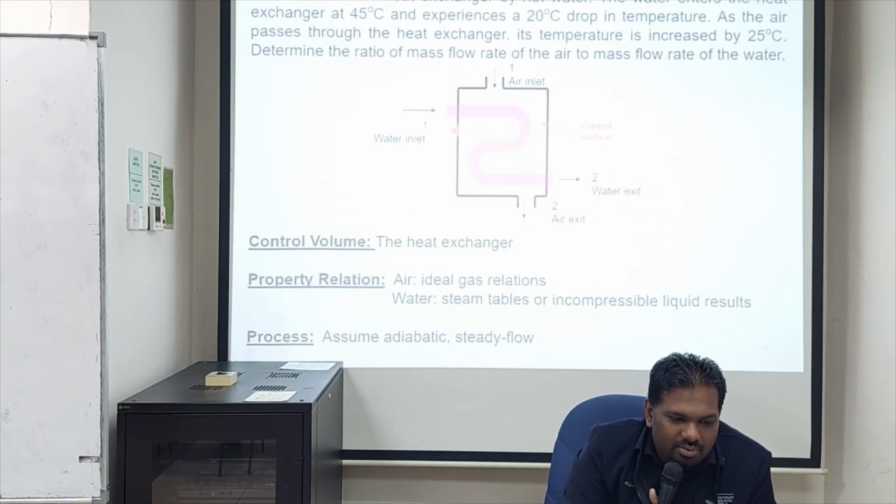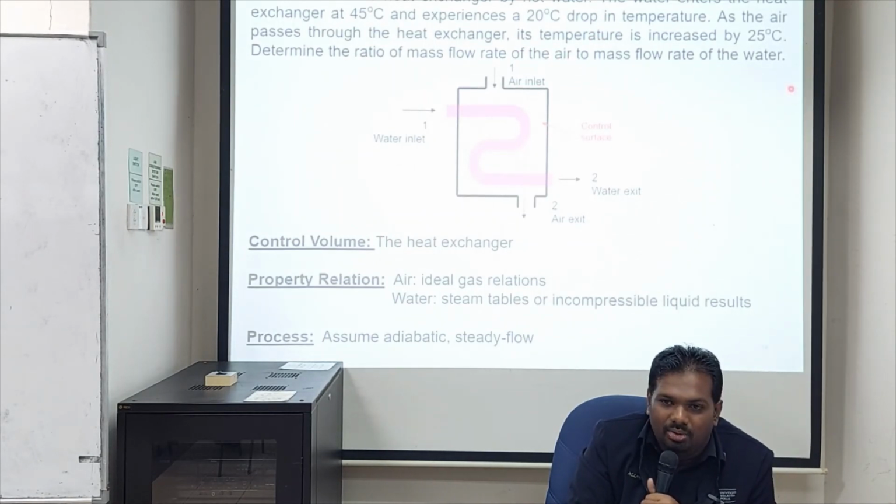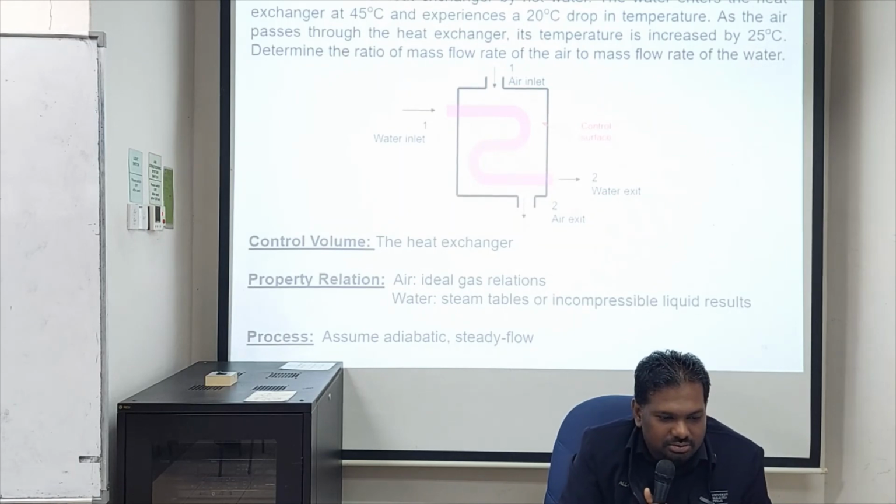Okay, so from the water, 45 degrees, 20 degrees transferred to the air. So temperature of the air increased by 25 degrees Celsius. So determine the ratio of mass flow rate of air to mass flow rate of water. So m dot air bagi dengan m dot w water. Okay, so you kena cari yang tu.